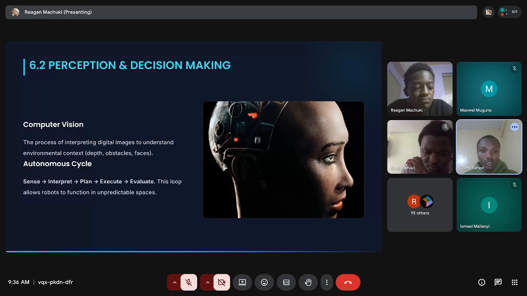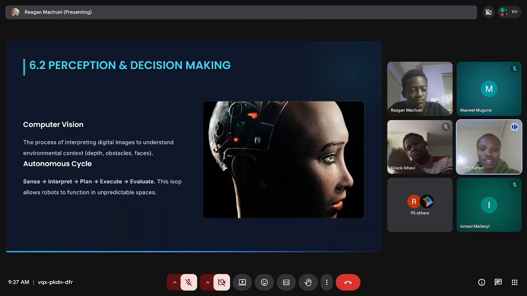Let's move to perception and decision making. We start with computer vision. Computer vision allows robots to interpret and understand visual information captured through cameras and sensors. Through computer vision, robots can detect objects, recognize faces, estimate distances, and navigate through environments. The process usually follows some steps. The first one is that the robot captures an image using a camera or sensor. Next, the system processes the image to extract important features.